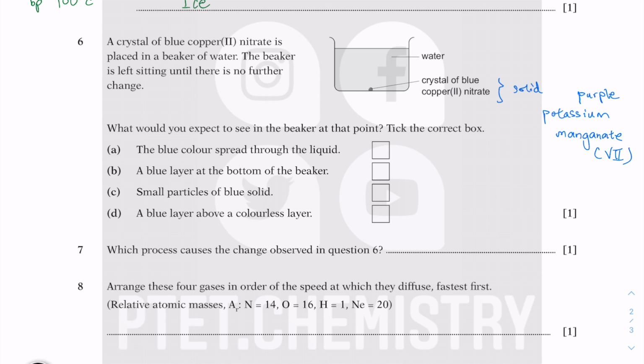So both of these solids, if you put a small piece of that solid in the water, eventually will make the water colored. And the movement of that color, because you're not stirring it, is not uniform, so you get to see how they move randomly, and that is a result of diffusion in a liquid.